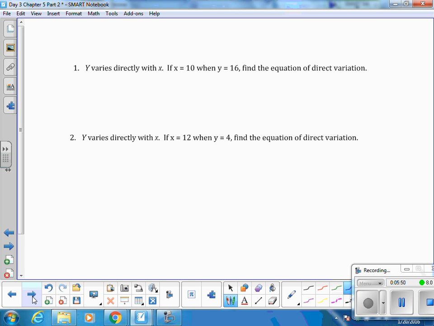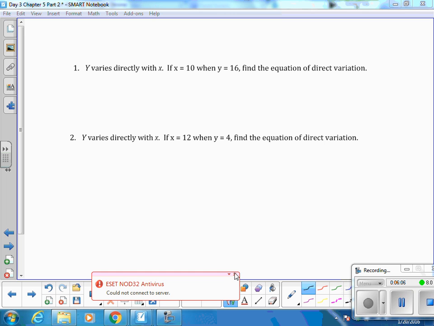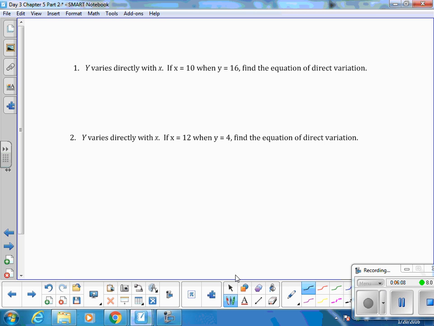Let's try it. It says y varies directly with x. Find the equation of the direct variation. So if we know this happens, that's nice. That means we can go ahead and use our y equals kx to solve this. So I know y is 16, x is 10.